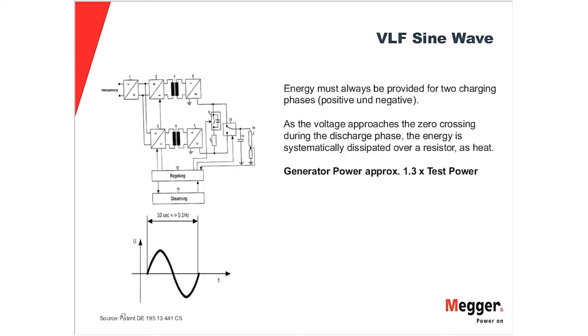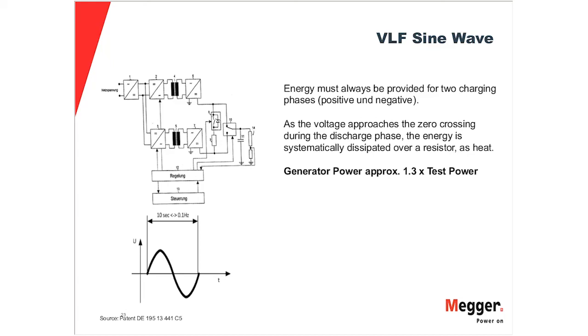You may know that the sinusoidal VLF units, they have the ability to decrease the frequency if the capacitive load is too high. So in ideal case, frequency would be 0.1 Hz, but it can be decreased up to 0.01 Hz.